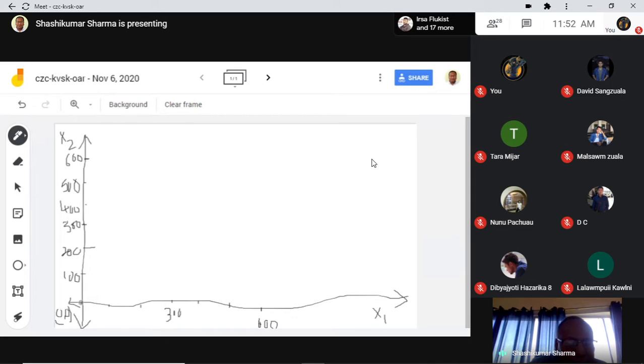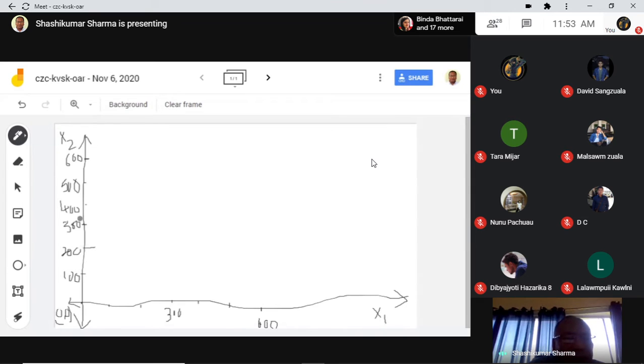So this point is 0, 0. Let us start with the first coordinate, 0, 400. So x1 is 0 here, then x2 is 400.